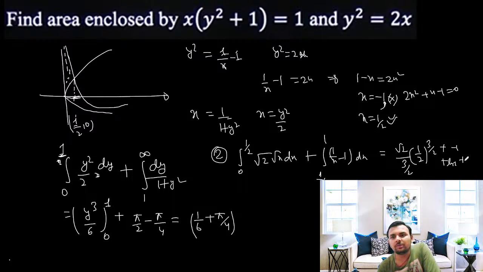So this is going to be 2 into root 2 cancels, it is 1 by 3. So 1 by 3 plus 1 by 2 plus ln 2, which is equal to 5 by 6 plus ln 2.